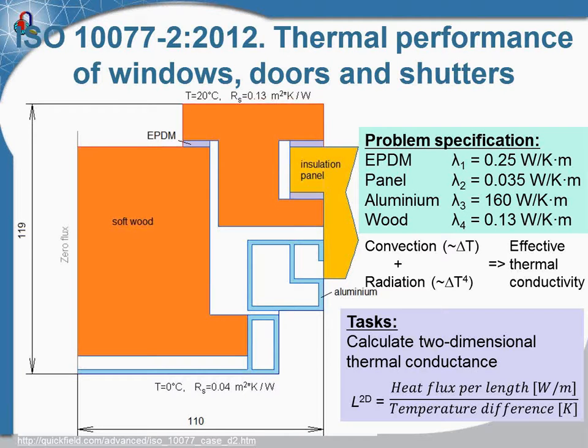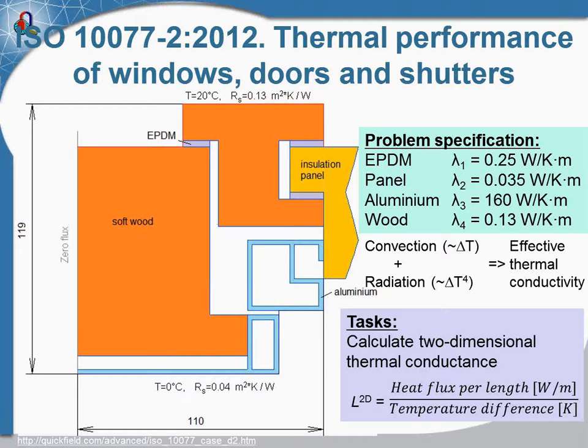The two-dimensional thermal conductance is calculated from the total heat flux per length. This is the length, divided by the temperature difference between both adjacent environments. So in our case, the temperature difference is 20 degrees, and we should measure the flux.